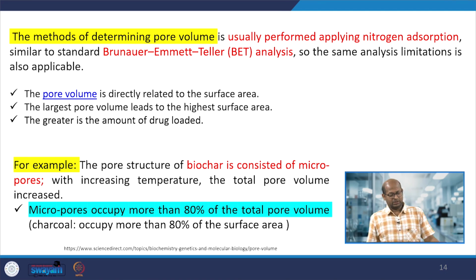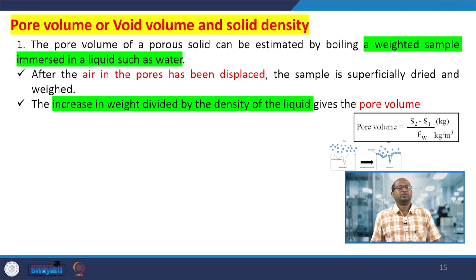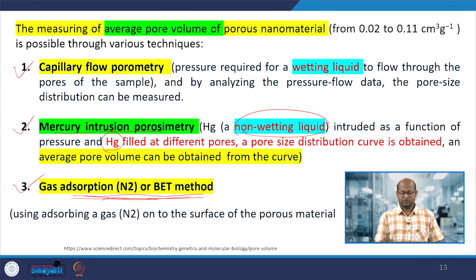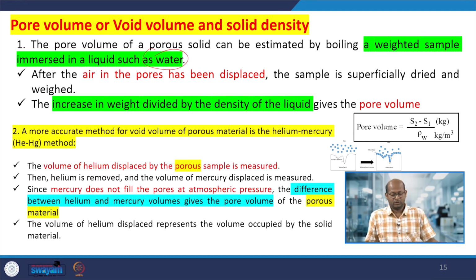Okay, so in the first method, how we can measure the pore volumes, void volumes or solid density of those porous materials. In the first method I said wetting, means we have to use water. So that is the liquid, in this case the wetting liquid I said in capillary flow porometry.